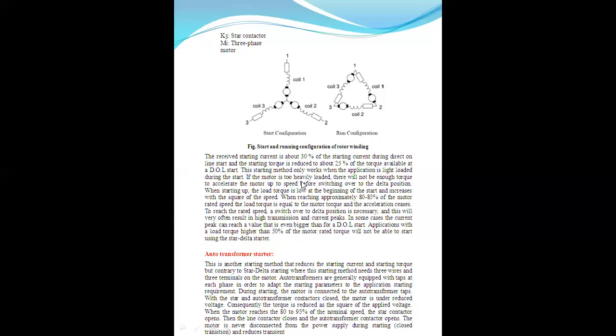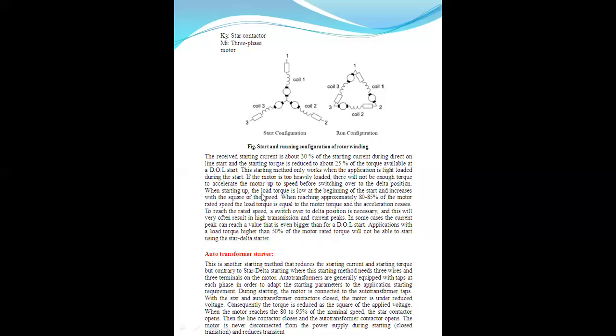If the motor is too heavily loaded, there will not be enough torque to accelerate the motor up to speed before switching over to delta position. It starts in star connection and during running it is switched to delta connection.